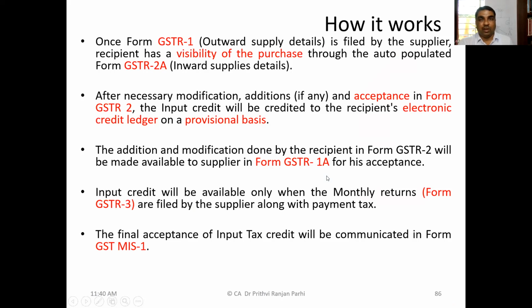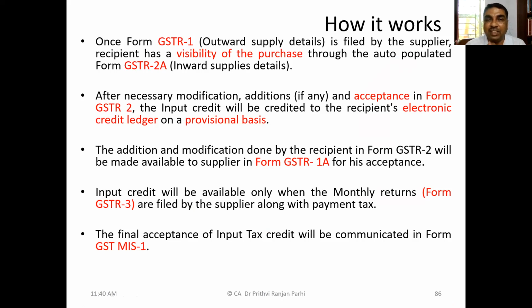Okay, so how the system works, how we do it: once GSTR 1 is filed, let's say the supplier is filing GSTR 1, then what happens? That becomes visible for the recipient. Recipient can see it in GSTR 2A. You know, GSTR 2A automatically gets populated on the basis of the supplier's data.